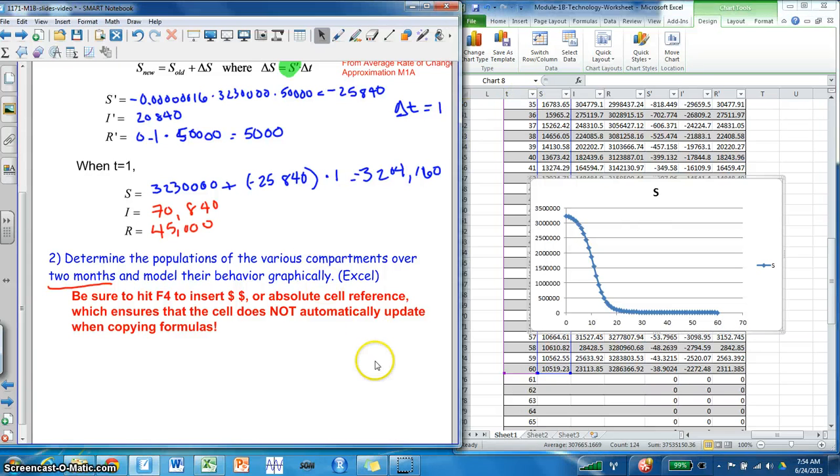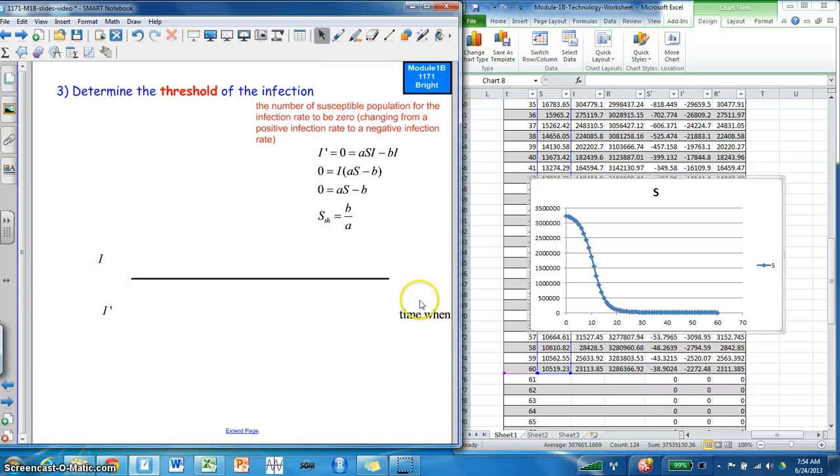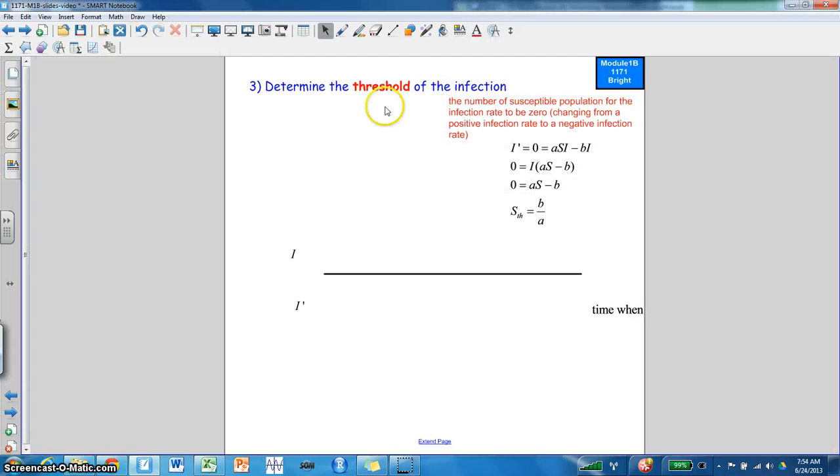Okay. So that's a brief rundown on Excel, and we're going to keep using it, but we're going to come back to it intermittently. The next thing we're going to do is determine the threshold of the infection. Here you can see the definition and how to derive it. It's a simple computation.